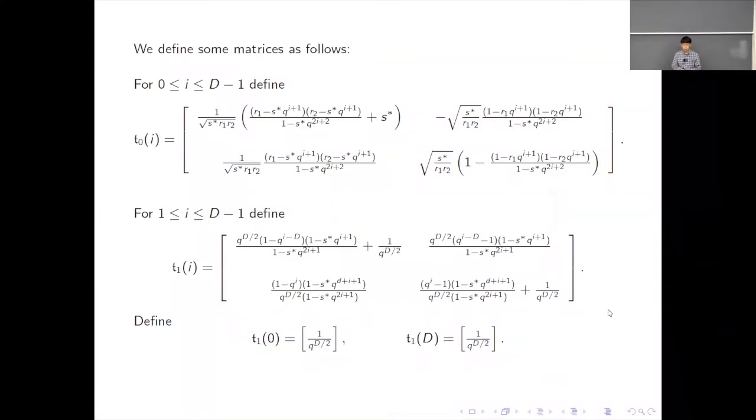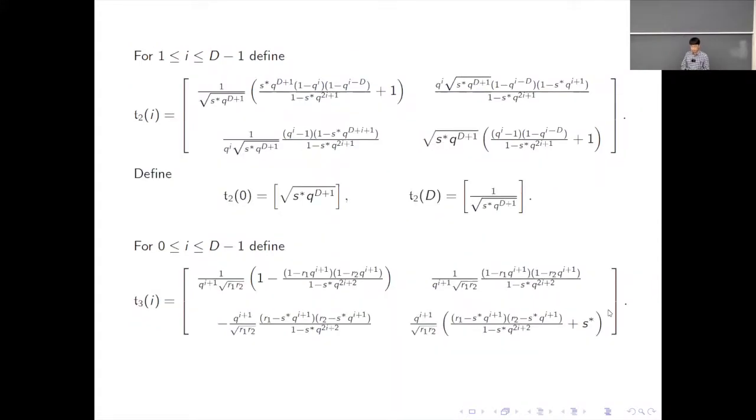First, for every I from 0 to D minus 1, we define 2 by 2 matrices T naught I. You see there, each entry of this matrix is well defined. Also, we define the 2 by 2 matrices T1I for I from 1 to D minus 1, and 1 by 1 matrices T10 and T1D.